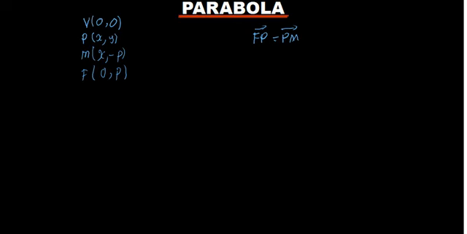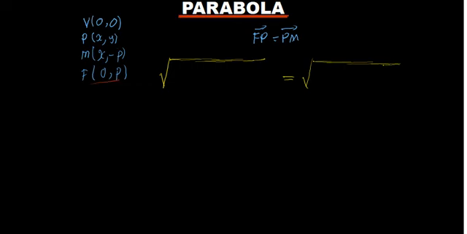So here we need to find the distance of that and the distance of that. We are basically going to say the distance FP is equal to the distance PM. Here, for the point FP, we have our F here and our P here.